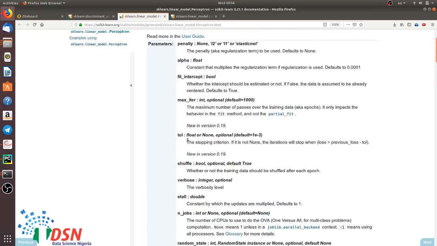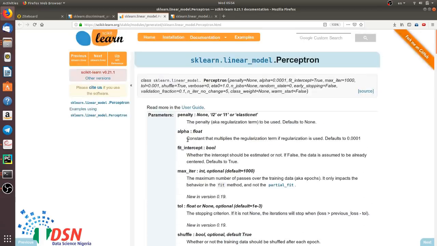So using the Perceptron algorithm is also easy, okay? And as you could see here, instead of L2, you could use L1 or ElasticNet. We have not talked about ElasticNet, but for now, you could use none or L2 or L1 for regularization, okay?